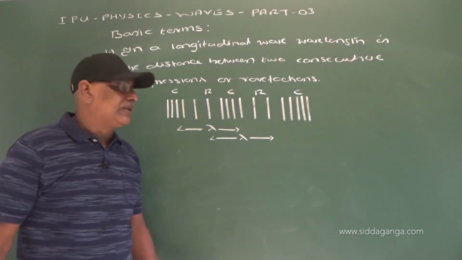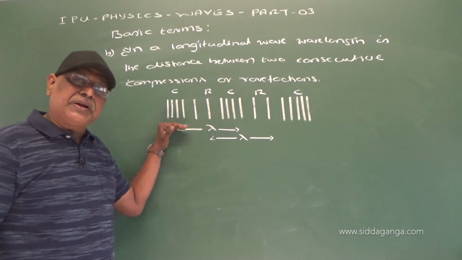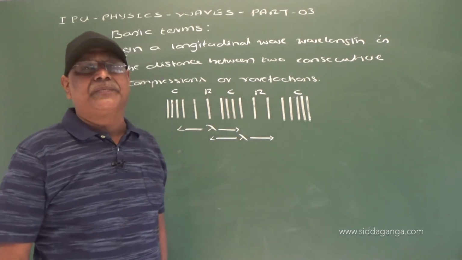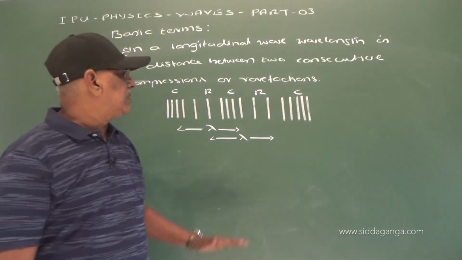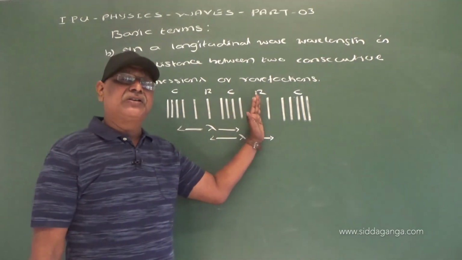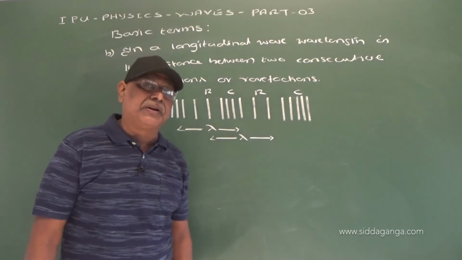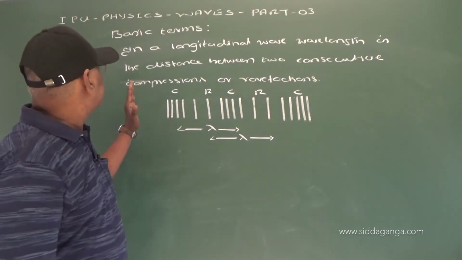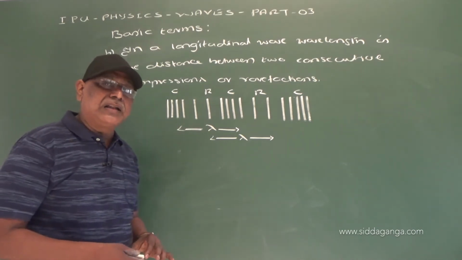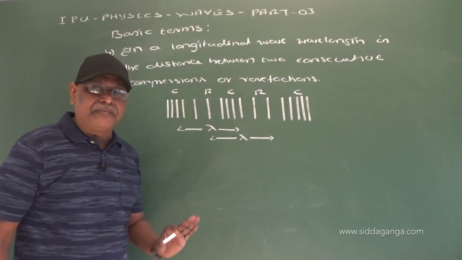And of course, the distance between a compression and an immediate rarefaction is lambda by 2, half the wavelength, and the distance between a rarefaction and an immediate compression is equal to lambda by 2. So this is another alternate definition for wavelength.